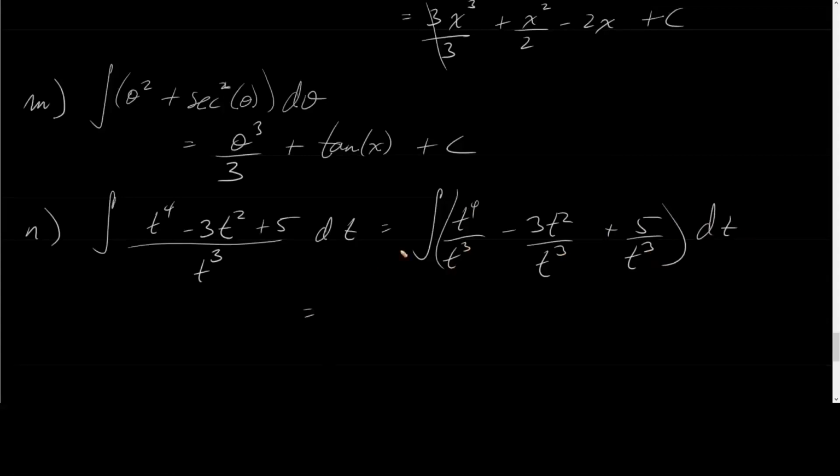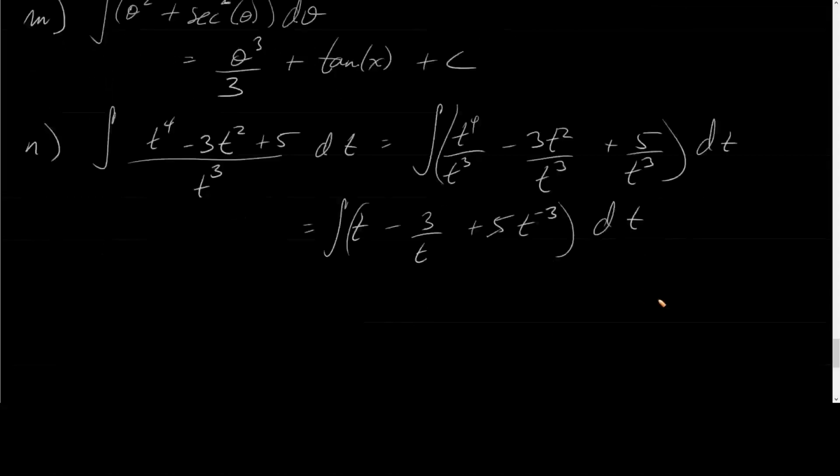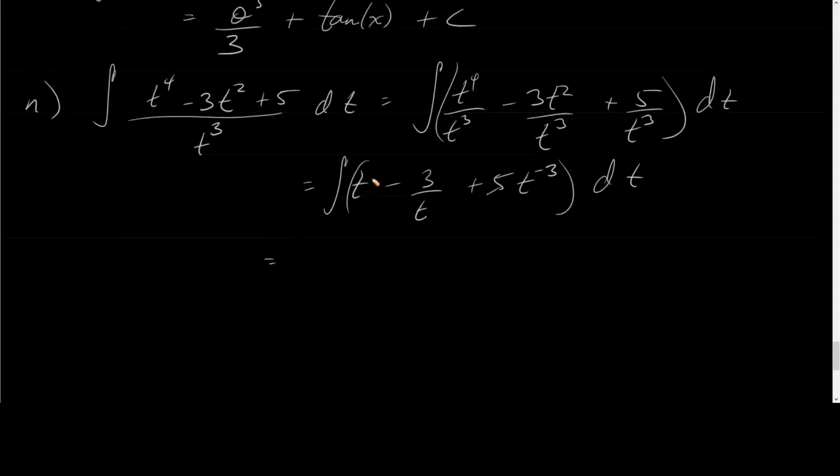But then t to the 4th over t cubed is just t. T squared over t to the 3rd is t on bottom. And then 5 over t to the third can just be rewritten as 5t to the negative third dt. And now to find the antiderivative here, add 1 to the exponent, divide by the new exponent, minus 3 over t. Remember, that was a very specific one, right?